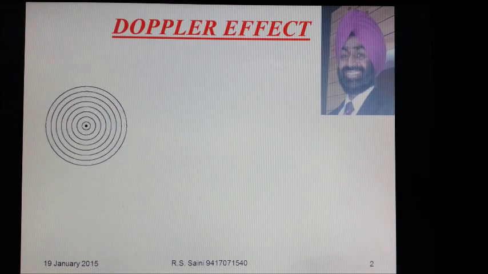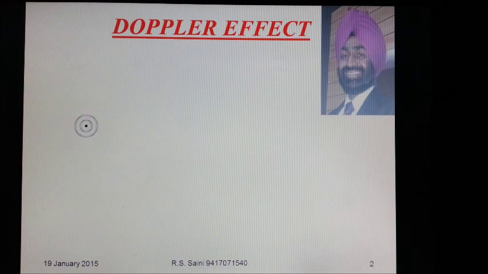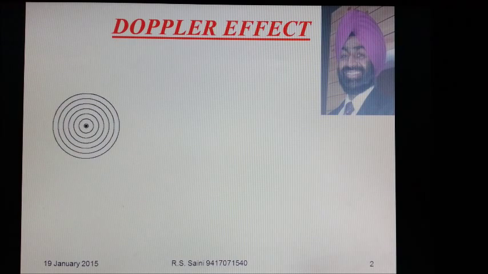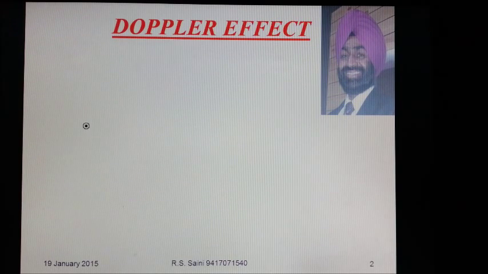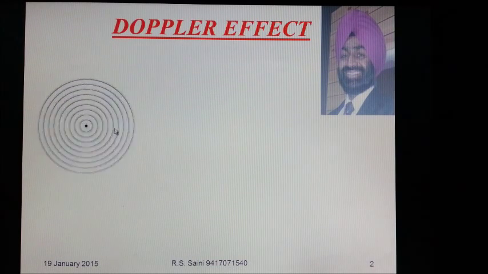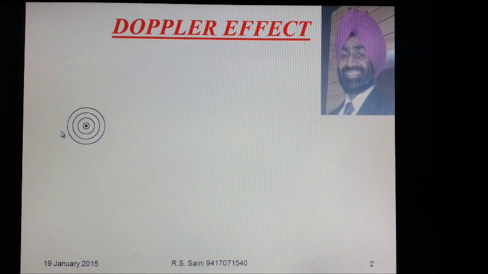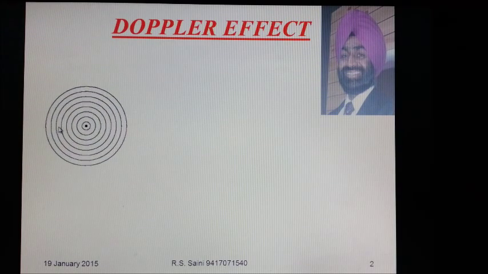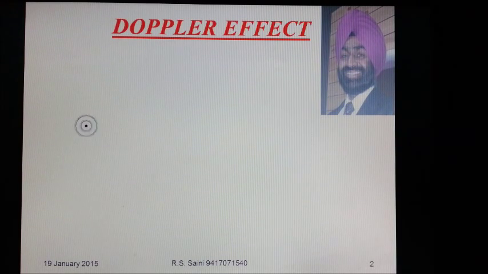So when a stationary source is present, the waves emitted are equally spaced in both the directions, whether a person is stationary here or a person is stationary here. He would receive an equal number of waves in both the cases.